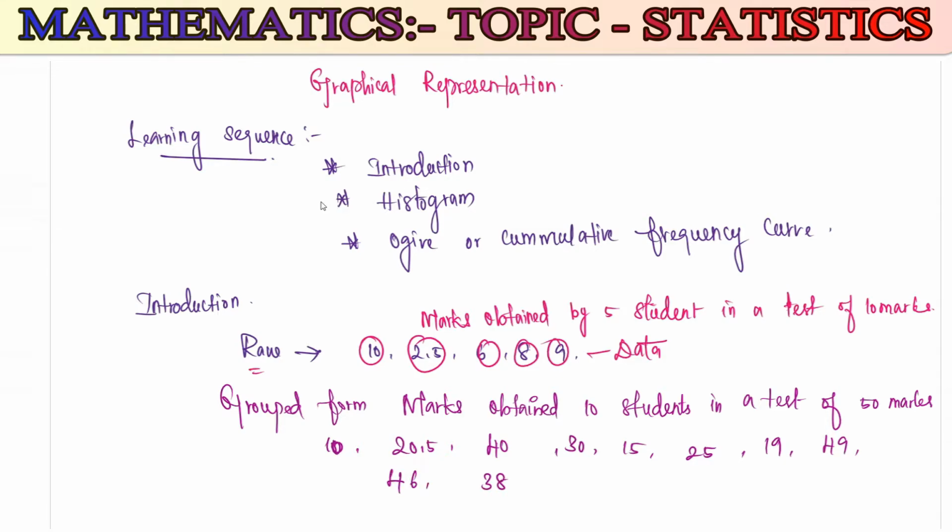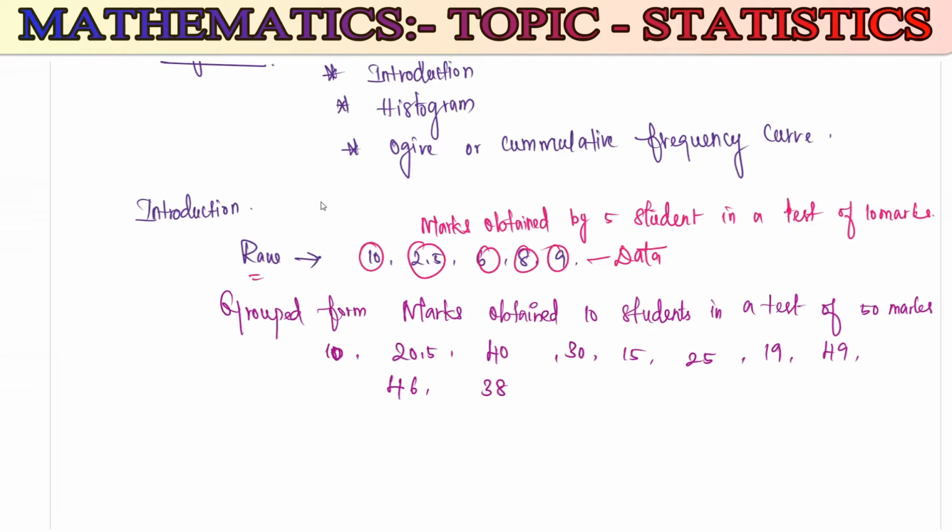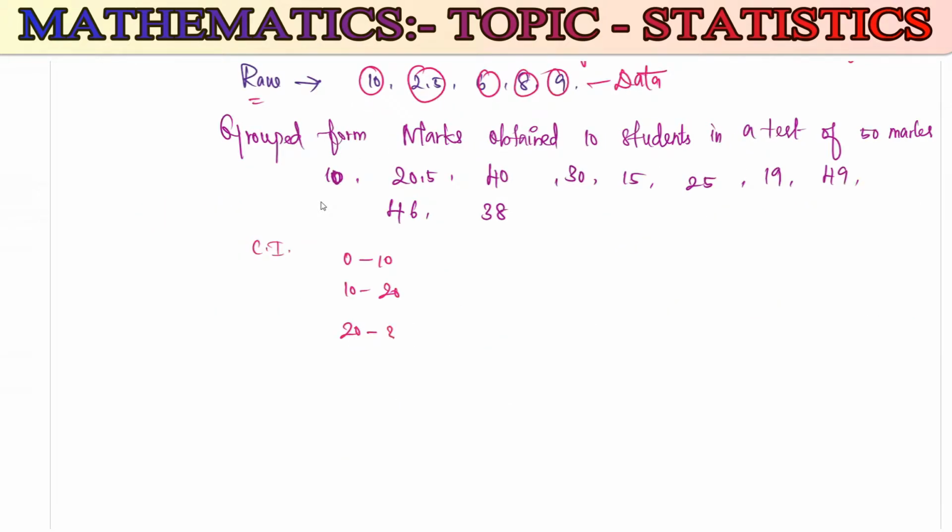Grouped form means I am going to make class intervals here: 0 to 10, 10 to 20, 20 to 30, 30 to 40, 40 to 50.